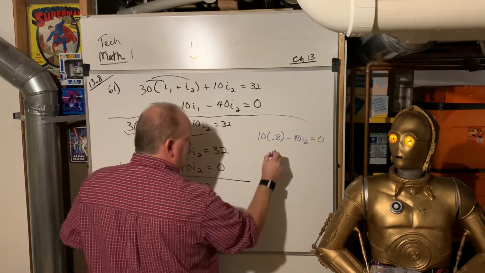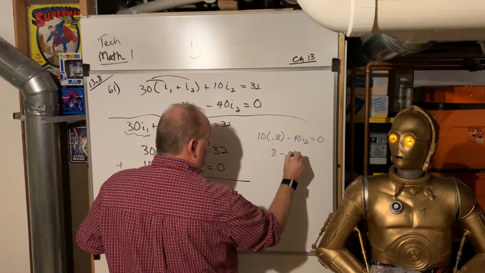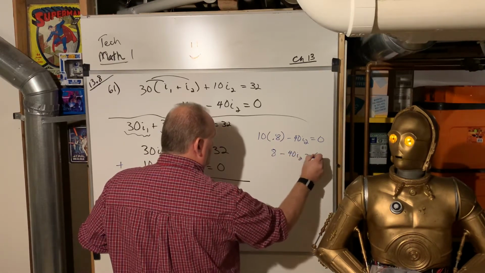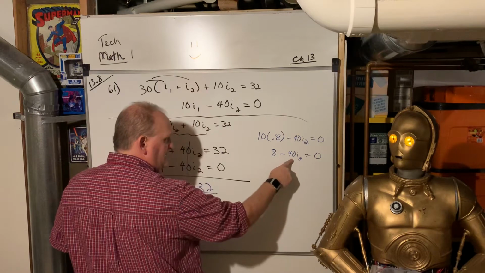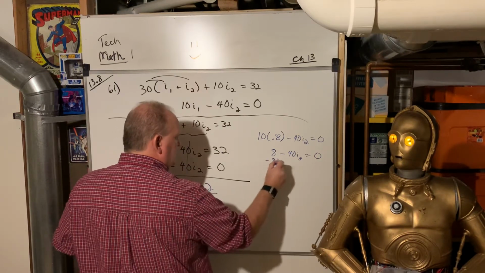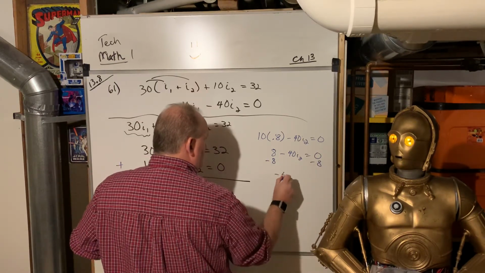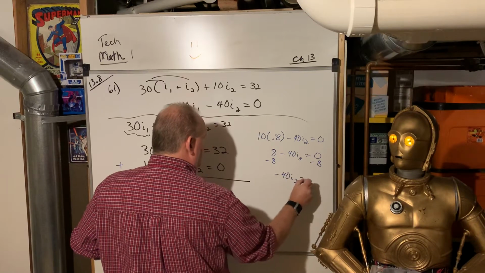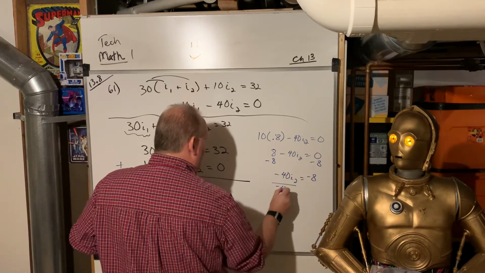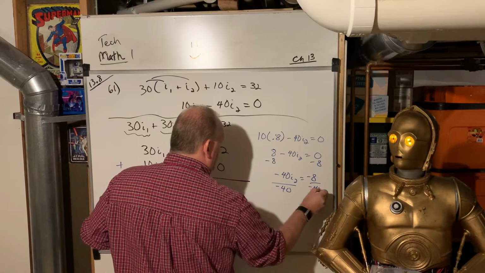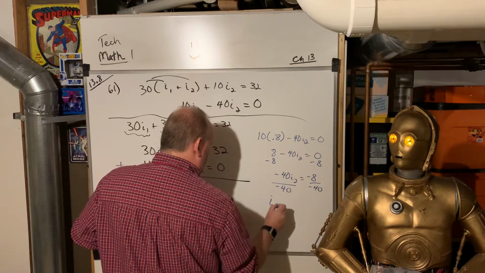So what is that? 8 minus 40 I sub 2 equals 0. And now isolate the variable, so subtract 8 from both sides. So negative 40 I sub 2 equals negative 8, and then divide by negative 40, and that's 1/5 or 0.2.